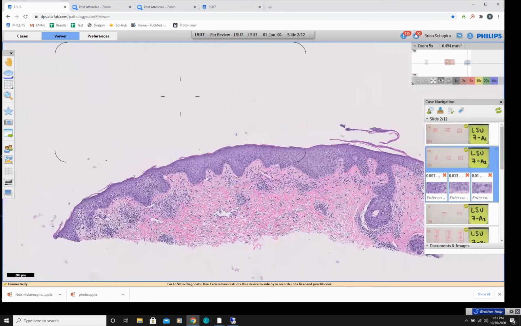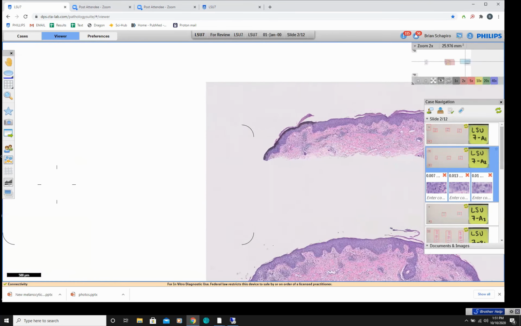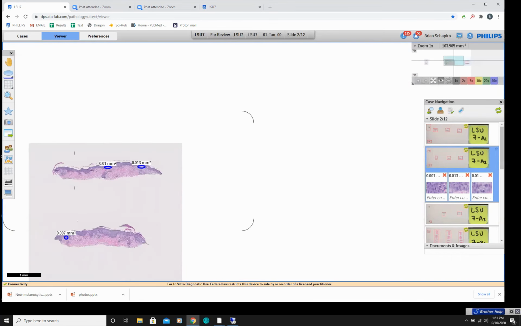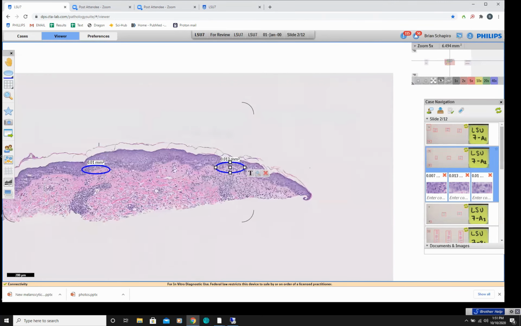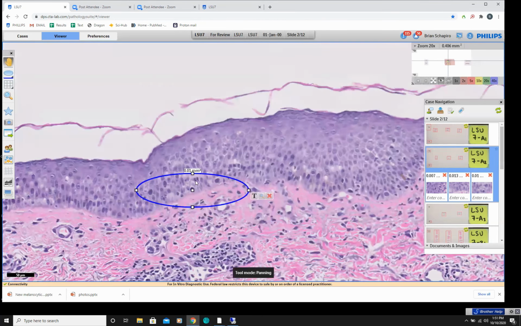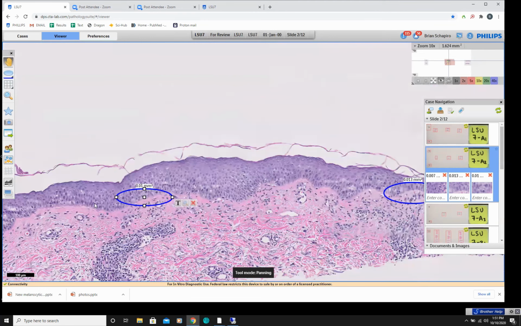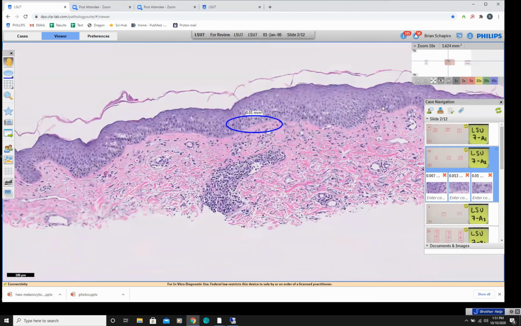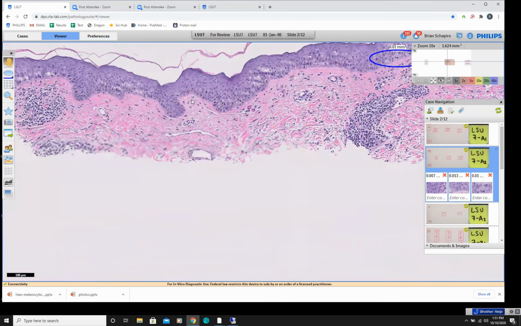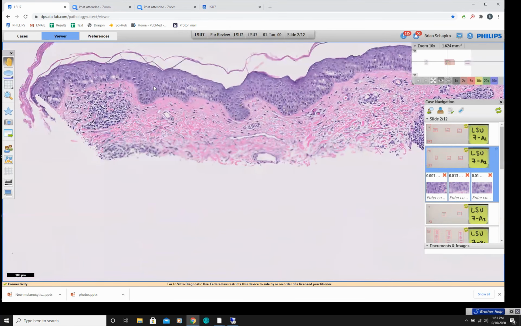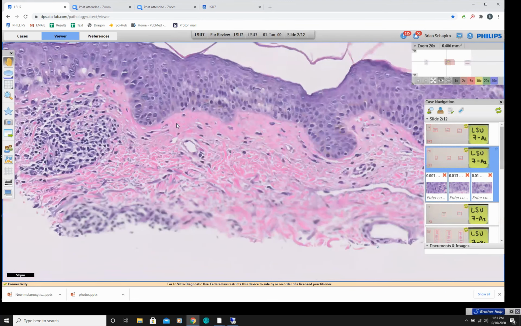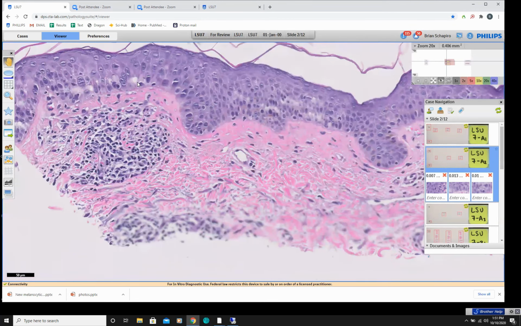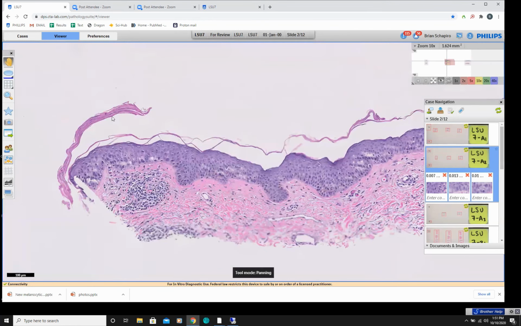But then there were areas on the second slide here where there was some enlargement of the basal keratinocytes. Over here you see these keratinocytes are enlarged compared to that area, for instance. Or this area here shows it nicely. These small keratinocytes here, and you see the bigger ones right here. And some parakeratosis on top.